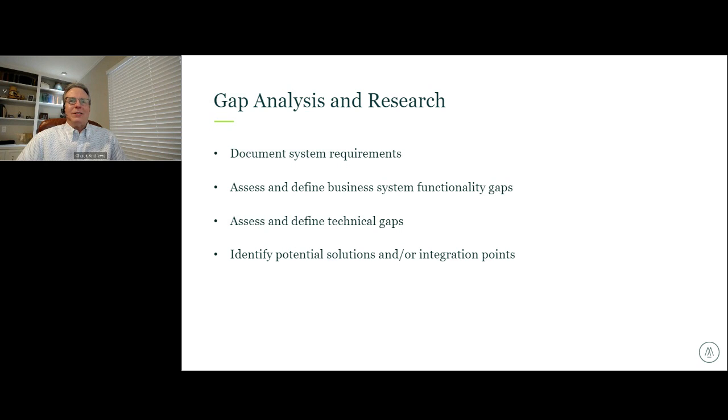Those requirements that are not met are going to identify functionality gaps, and those are going to fall out, and we're going to be able to figure out where we have technical gaps in the system that we need to address based on the plan going forward. We're going to identify potential solutions if alternative solutions are needed, or integration points if we think that we're going to be moving into an integration project as part of the recommendation and planning.